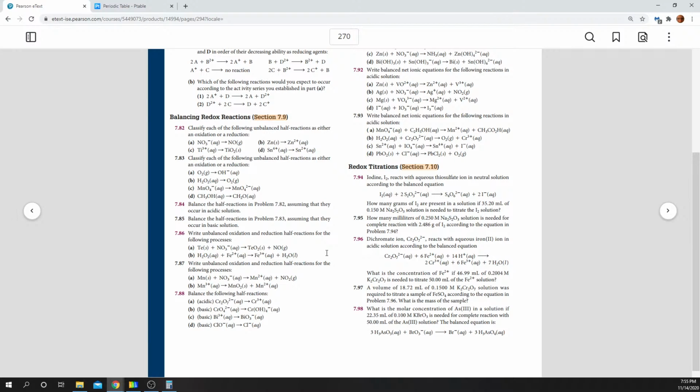Oh, this is where my do-it-all-in-one-go thing is kind of ruining me. Balancing a half reaction all by itself in an acid is not a problem for me.